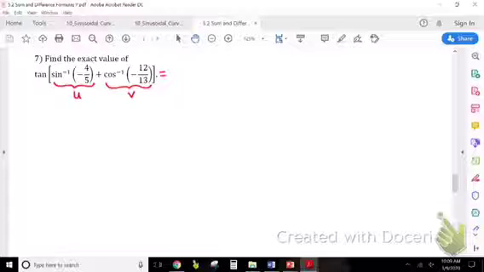All right, so tangent of U plus V. This is going to be a fraction. And on top, we have tangent of U, but our U is that inverse sine, isn't it? Plus tangent of V. V is that inverse cosine.